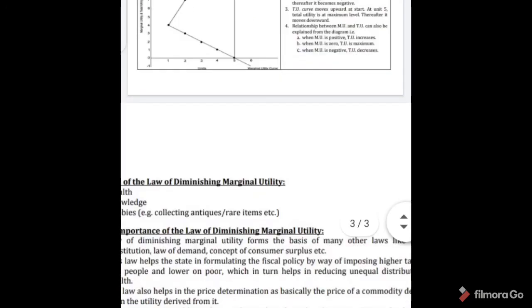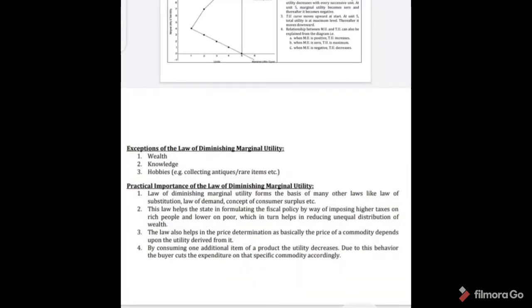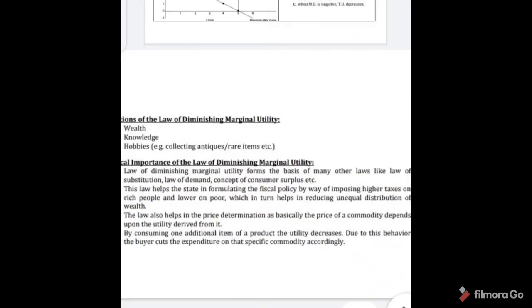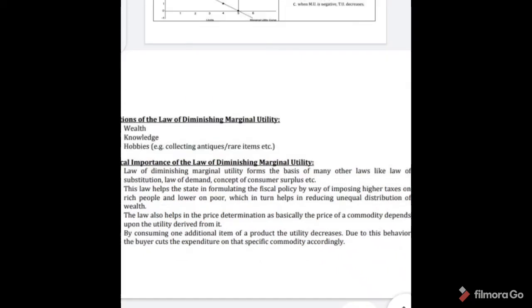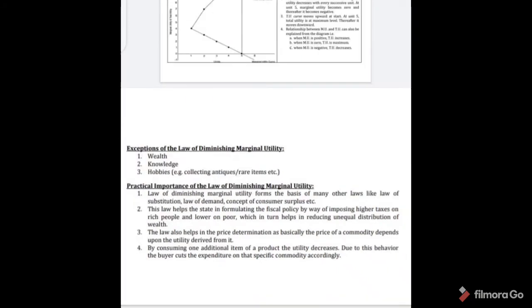We have got some exceptions of the law of diminishing marginal utility. Number 1, that is wealth. As wealth increases, satisfaction also increases rather than decreases. In other words, the law of diminishing marginal utility is not applied in case of wealth. Number 2, knowledge.